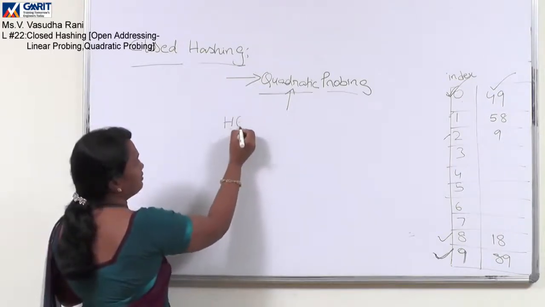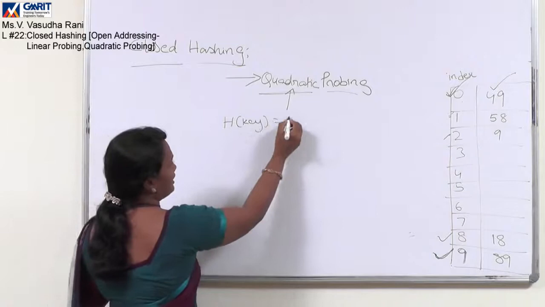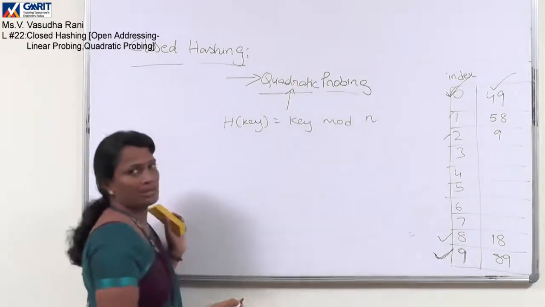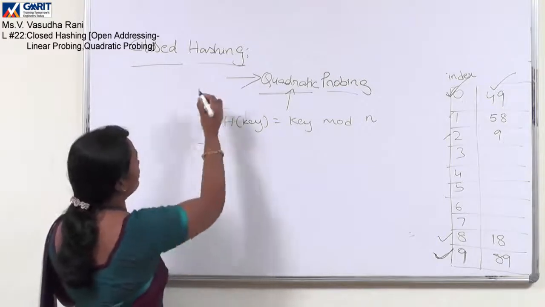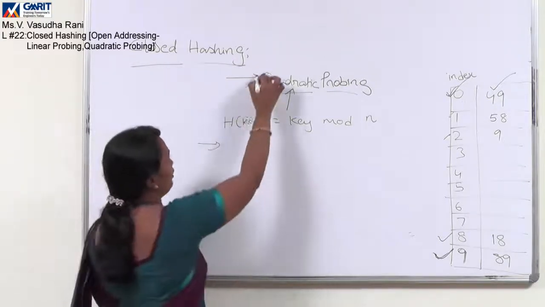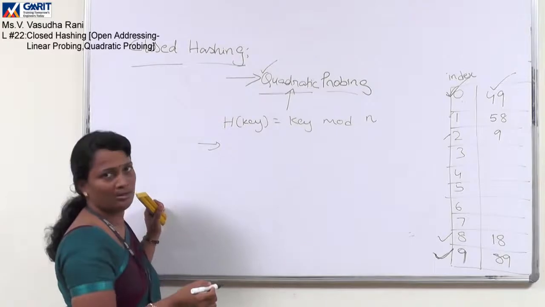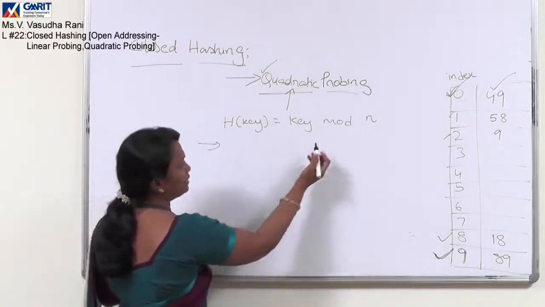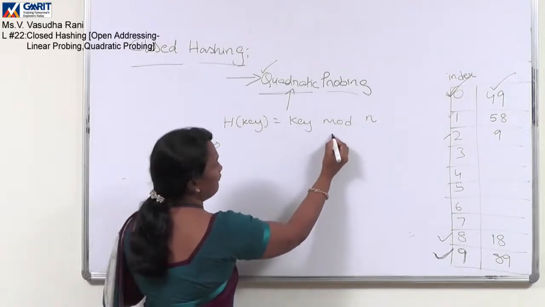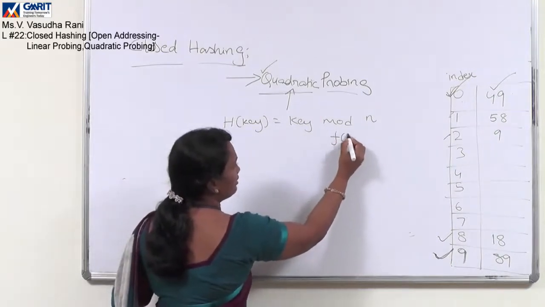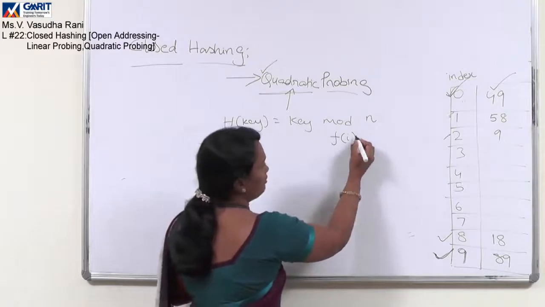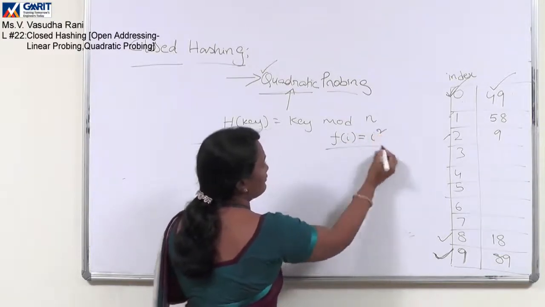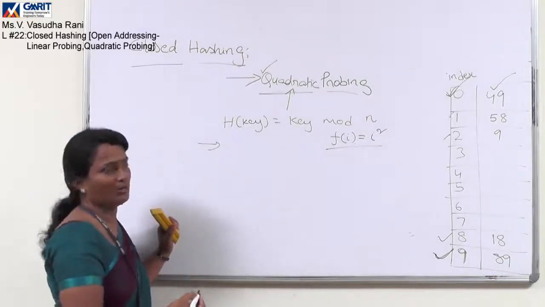So we have a hash function h of key equal to key mod table size, but wherein if any collisions occur, if you want to use this quadratic probing method, this hash function gets modified to a new function wherein we have to consider a function value to be added, which is defined as f of I equal to I square.